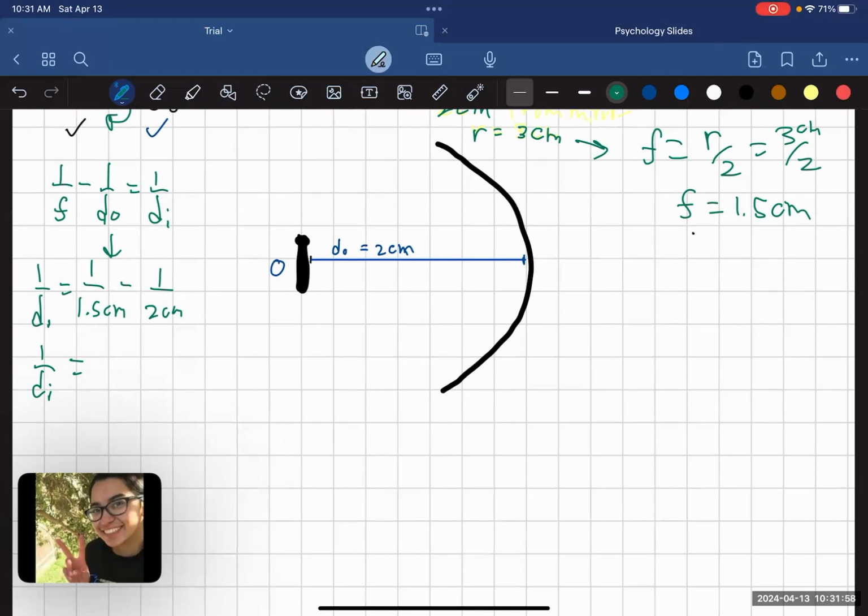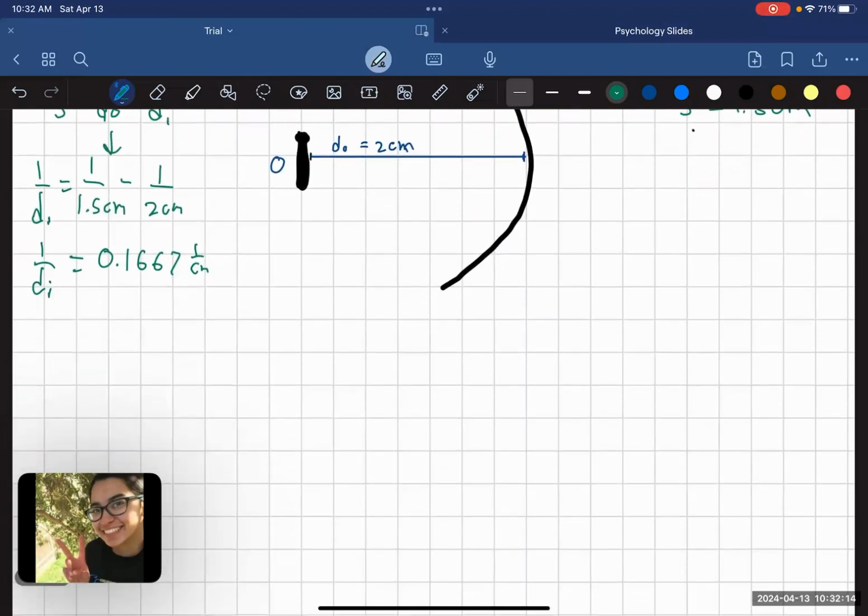5 minus 0.166. I'm gonna stop at 7 just because that's where we are, but you would probably want to use the entire value when you do your inversion. And then we'll do 1 divided by that.